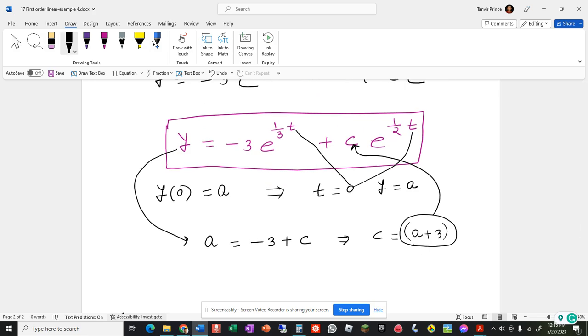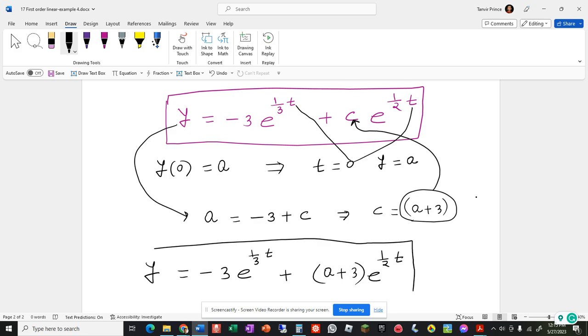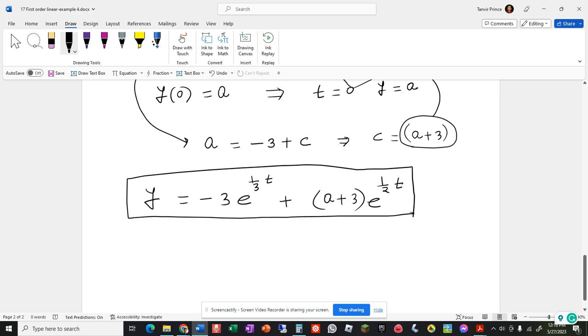So here, my specific solution is given by y equal to negative 3 e to the power 1/3 t plus, I'm going to replace c by a plus 3, e to the power half t. So that is my specific solution given in terms of a.